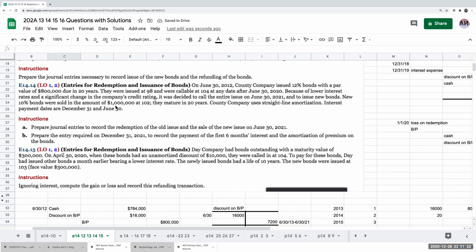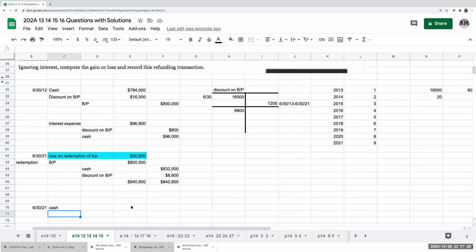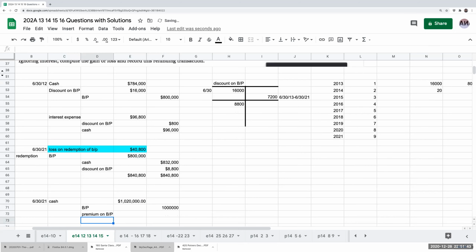They were sold at 1 million at 102, so 1,020,000. The new bonds' face value is 1 million, so this is going to be a premium on bonds payable for the difference of $20,000. Now here's some fun stuff.